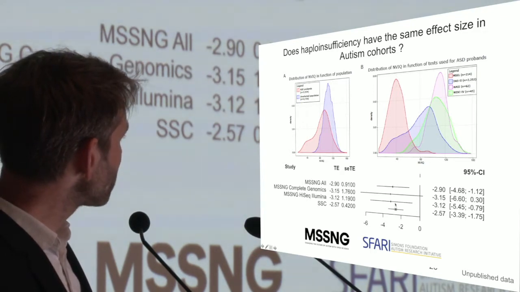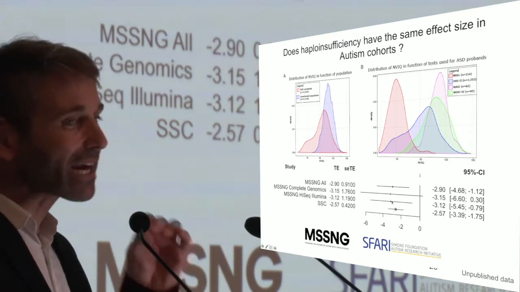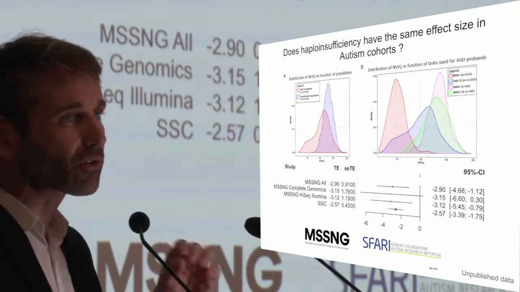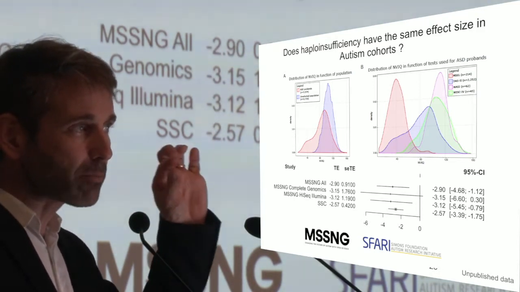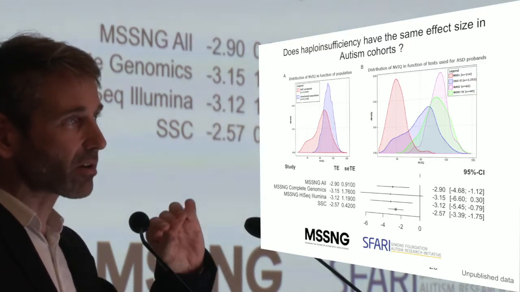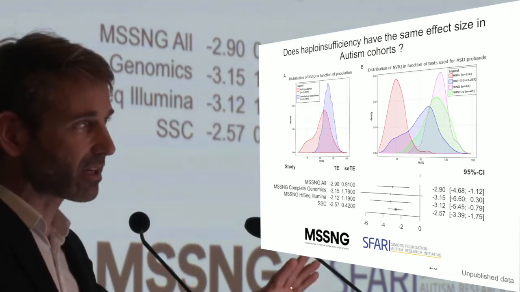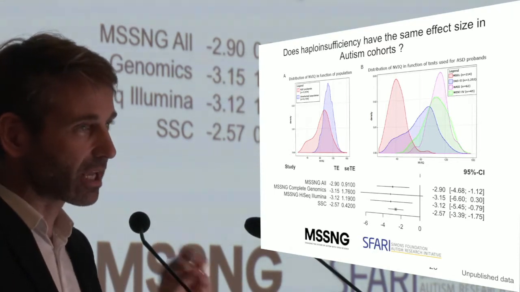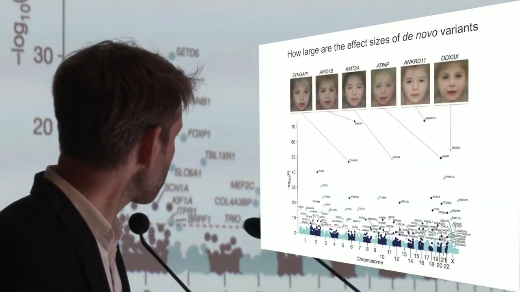This is the mean impact of every point of pLI, and the impact is exactly the same in an autism cohort. So the general effect of deleting 1 point of pLI anywhere in the genome is exactly the same whether you're from the general population or from an autism cohort. We haven't done it in schizophrenia or other cohorts, but our guess is that it's going to be exactly the same.